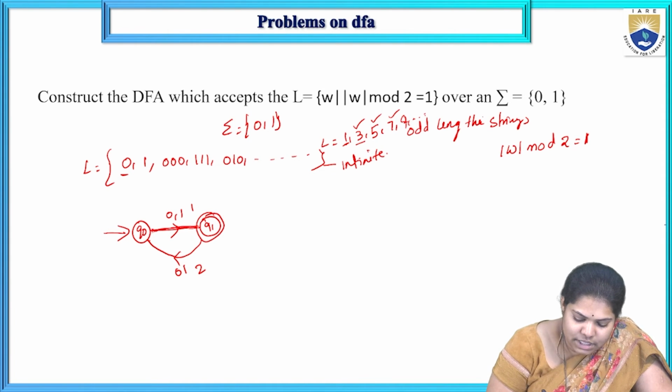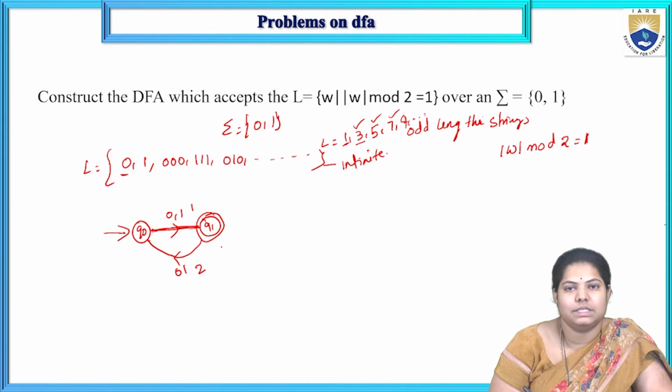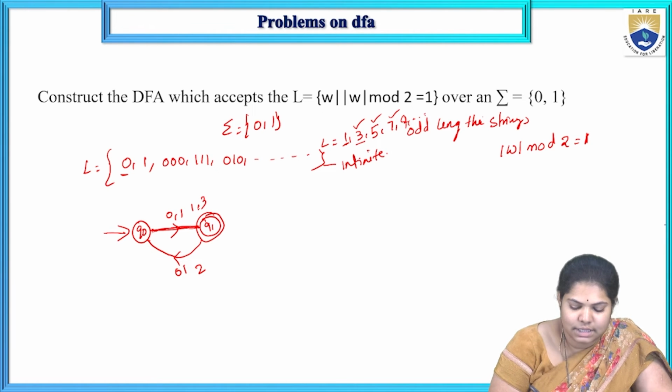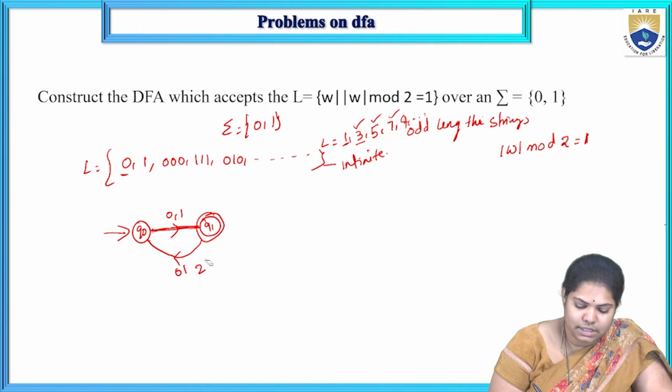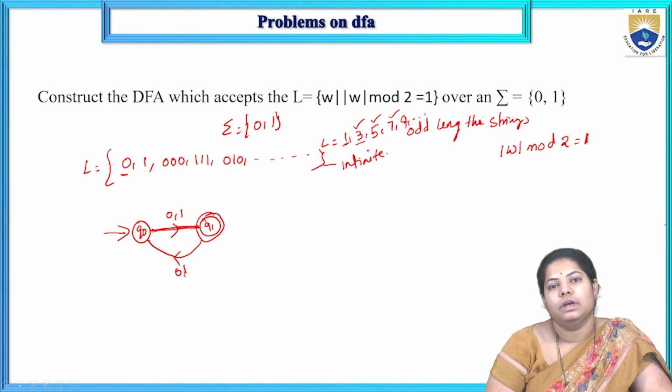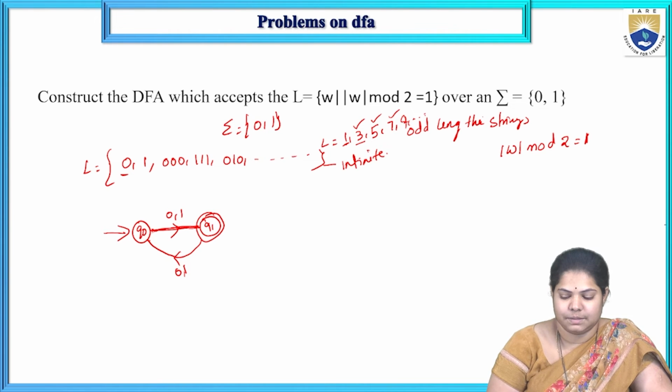Again, if I see 0 and 1 and reach Q1 with string length 3, it will get accepted. So this is a finite automata which accepts all the odd number of string lengths, the strings whose length divided by 2 leaves a remainder, odd length strings.